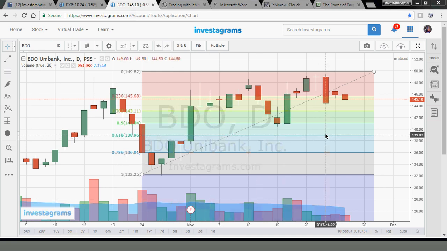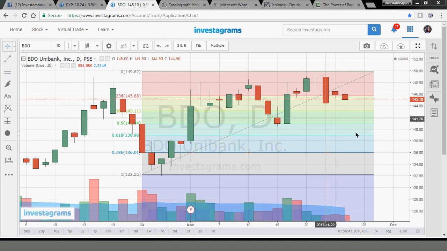Ito naman 0.618. This is a very important Fibonacci number. Theory of golden mean, if you're familiar, the one who created Fibonacci. I'm not going to dig down on the history of Fibonacci. 0.618 is very, very important point of reversal zone, PRZ, sa harmonics, if you're familiar with harmonics. Kapag mag-down to, ito yung at least pinaka-strong na support na babalik.